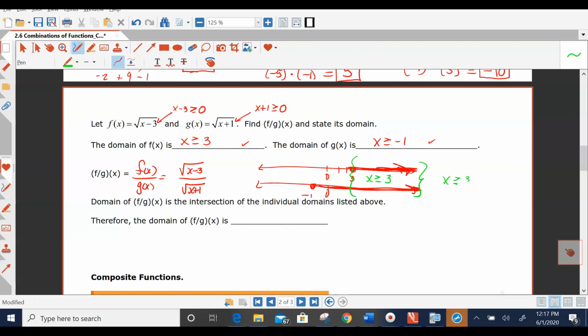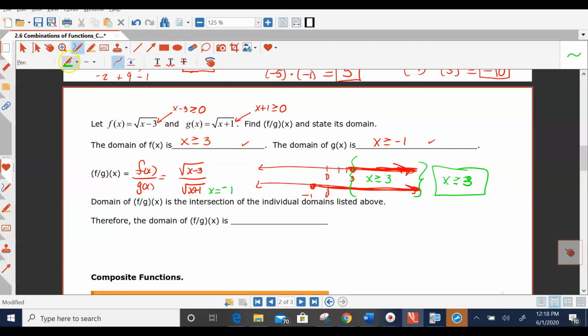However, since we created a division, we also need to realize that I can't have division by 0. Well, the only number that would make this denominator equal to 0 is if x was equal to negative 1. Well, notice that negative 1 is not in this overlapping domain, so actually, it's not a concern for this particular problem.